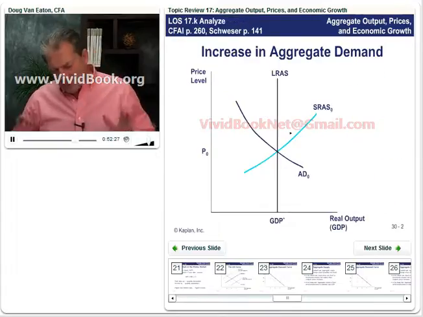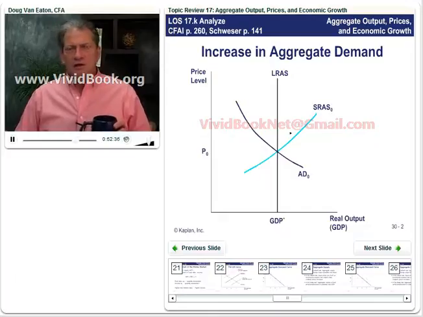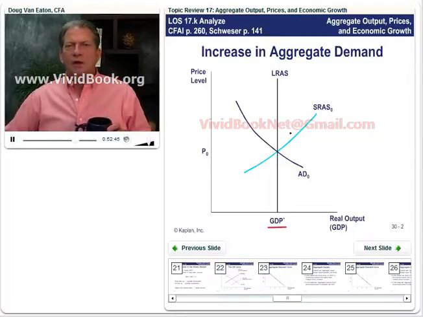Now we're going to start out at long-run equilibrium. Everything's in great shape here. We're on the short-run aggregate supply curve, input prices in equilibrium. We've got a determined price level, and we've got our full employment level of GDP.